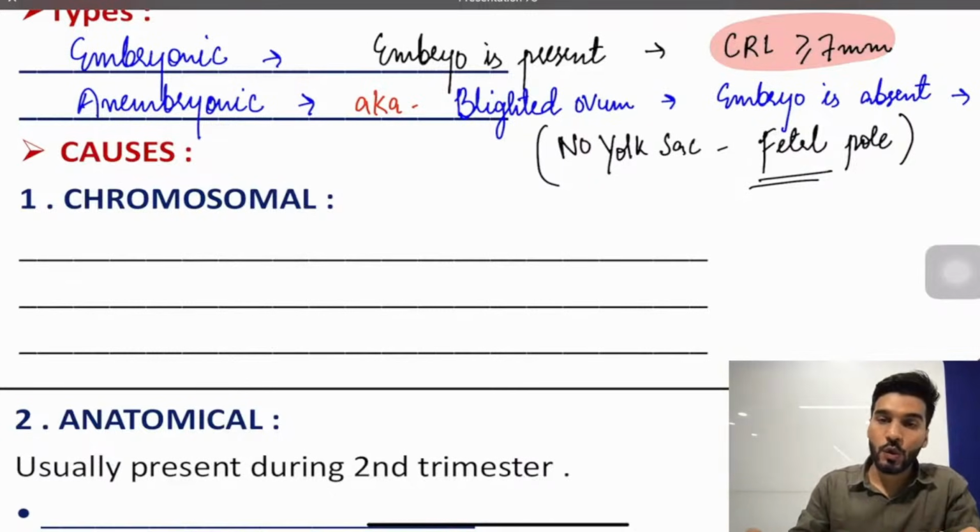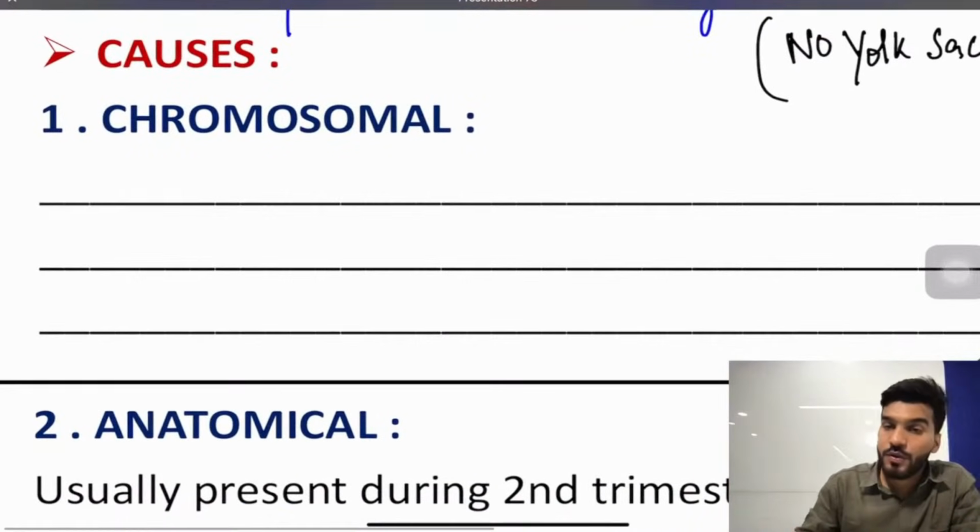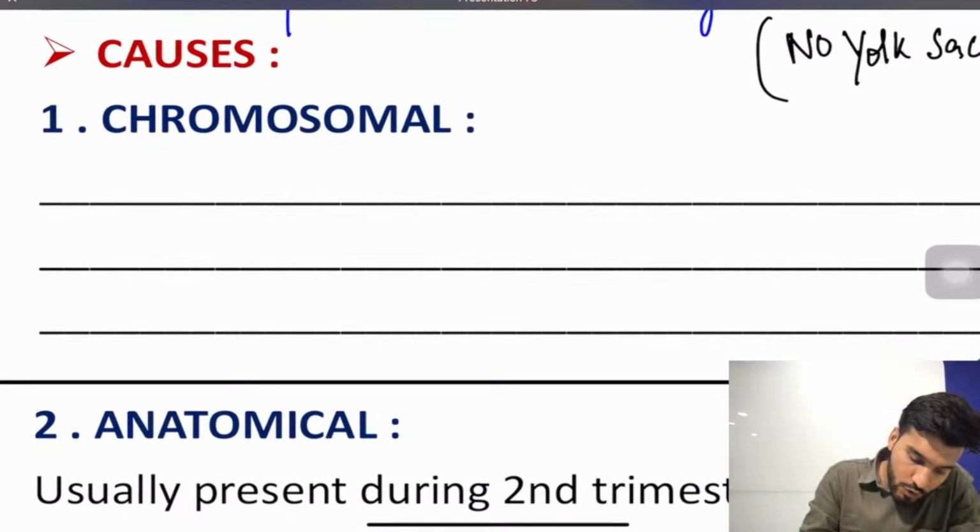If you talk about the chromosomal causes, it's the most common cause in first trimester abortion. Write down, it's usually present in the first trimester.